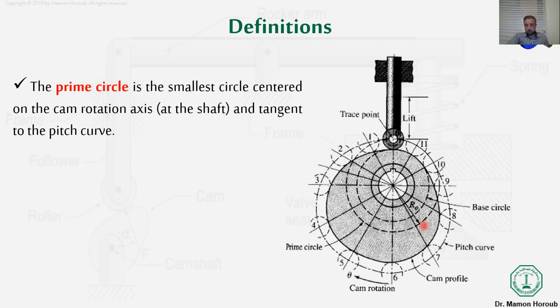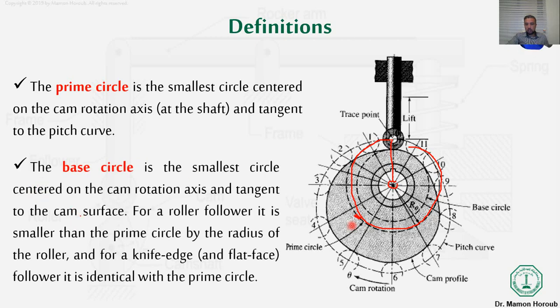Then the prime circle, which is the dashed one here, has a radius that represents the distance between the center of the cam and the center of the roller. So we just draw a circle using this radius, and it will give me what we call the prime circle.